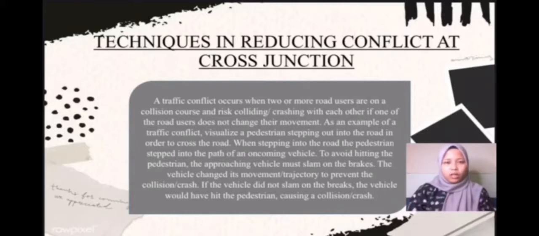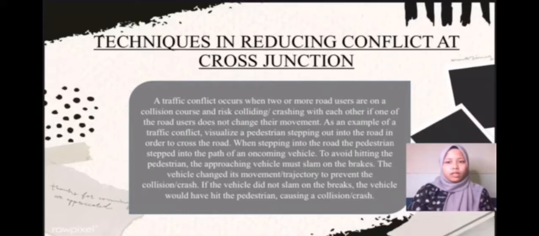A traffic conflict occurs when two or more road users are on a collision course and risk colliding or crashing with each other if one of the road users does not change their movement. As an example of a traffic conflict, visualize a pedestrian stepping out into the road in order to cross the road. When stepping into the road, the pedestrian steps into the path of an oncoming vehicle.